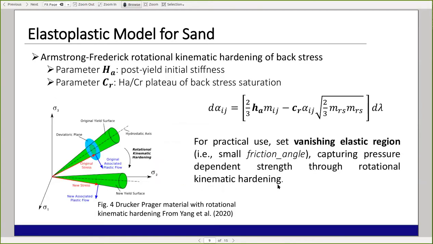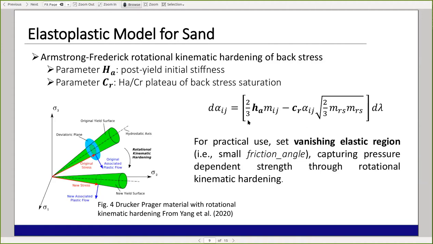To complete the model, we also need the third part, which is the Armstrong-Frederick rotational kinematic hardening rule. Again, we have two parameters for that. Parameter HA controls the post-yield initial stiffness, and when combined with CR, the ratio of HA over CR controls the plateau of the backstress saturation.